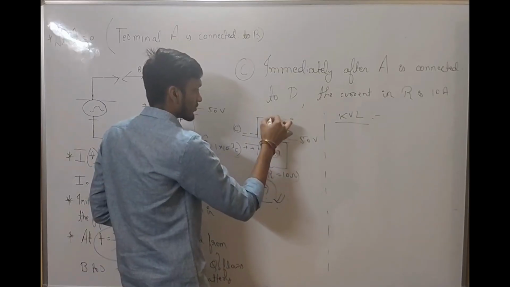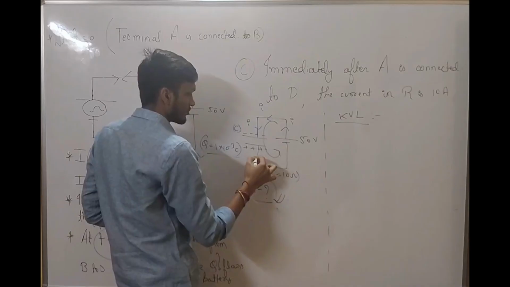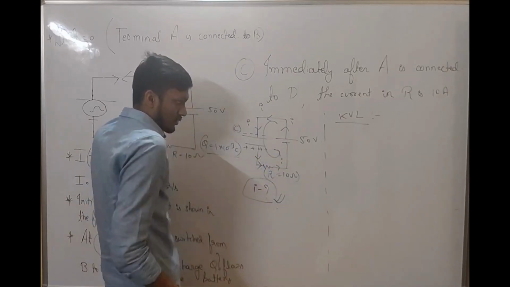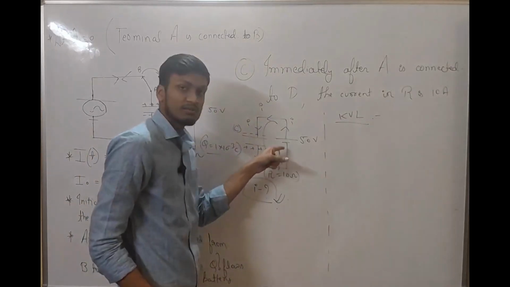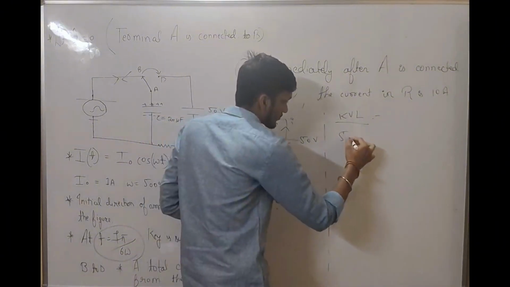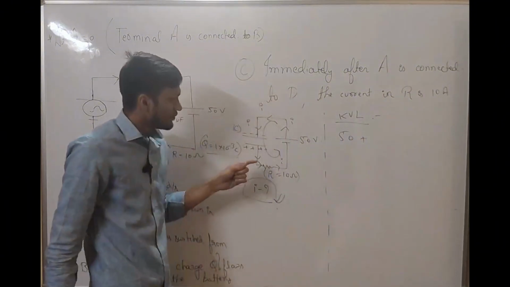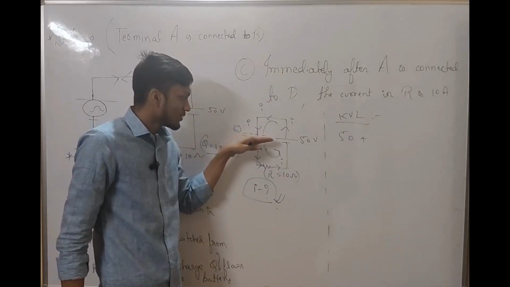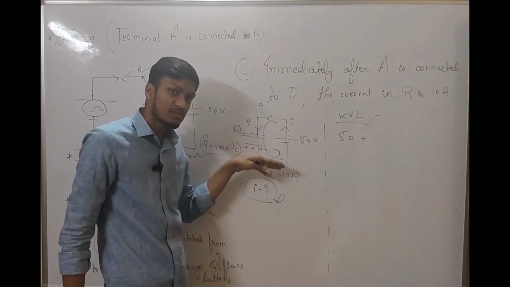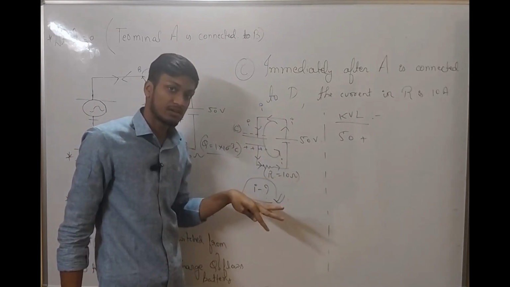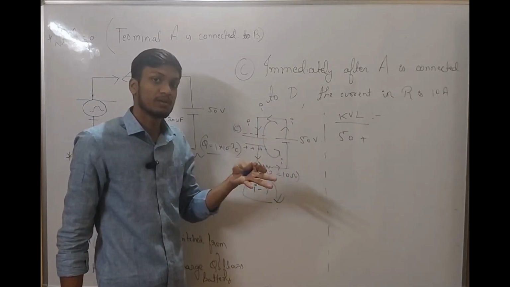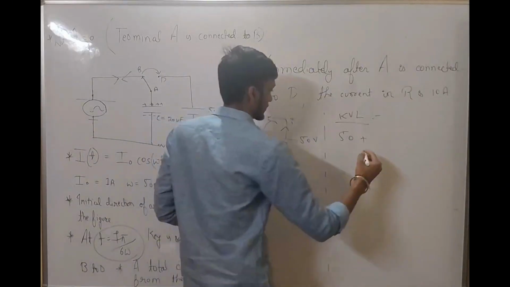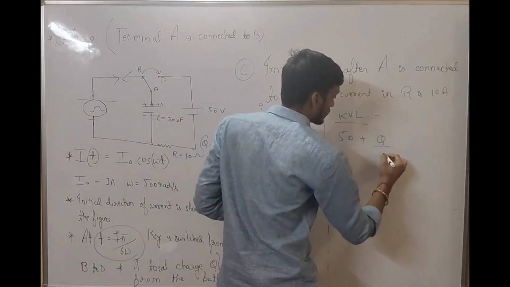Let's say the current flowing through the circuit is I. This 50 will be positive. We are moving from the negative plate to the positive plate, so the final plate is positive, that is, the change in potential will be positive Q by C.